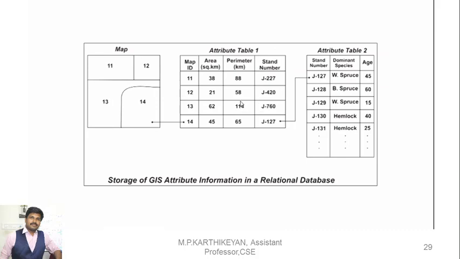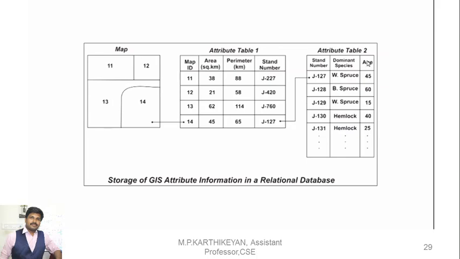Is that clear? Similarly, in attribute table 2, we have the stand number as 127, 28, 29, etc. Here we assume that this stand number is also unique and cannot be repeated, whereas the dominant species or the age can be repeated. So this stand number is taken as the primary key of attribute table 2.